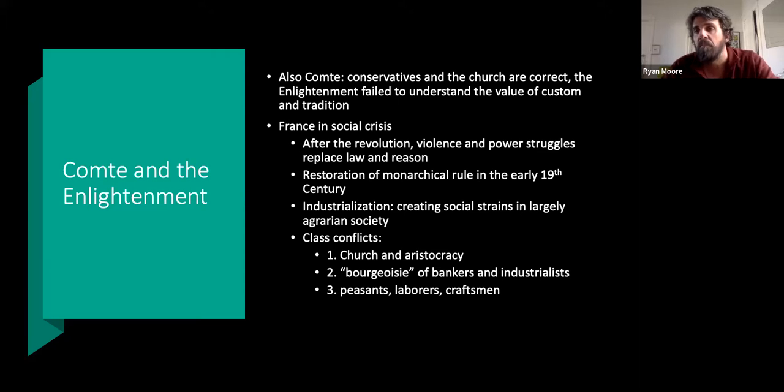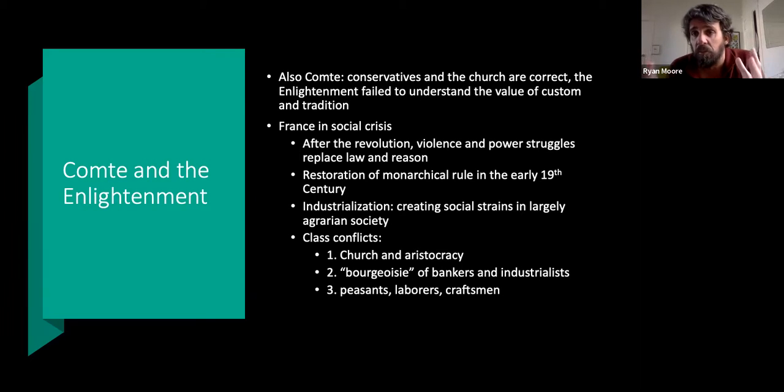And then you have the mass of society, what today we might call the 99%. That probably wasn't exactly 99% then, but let's call them the 90% or the 85%: peasants, laboring people, craftsmen.